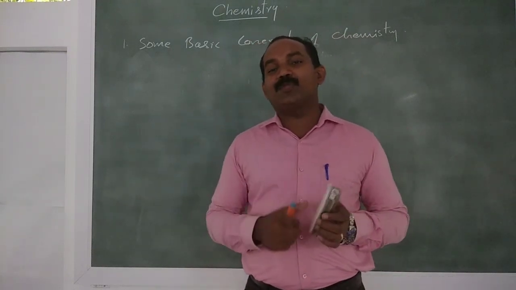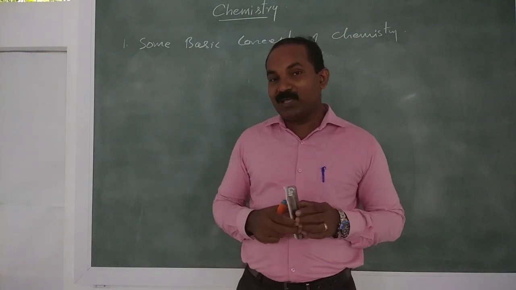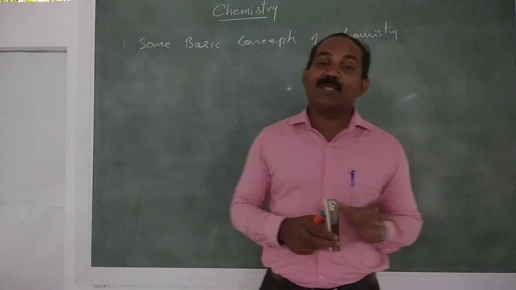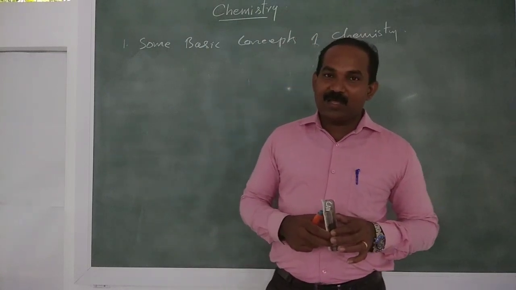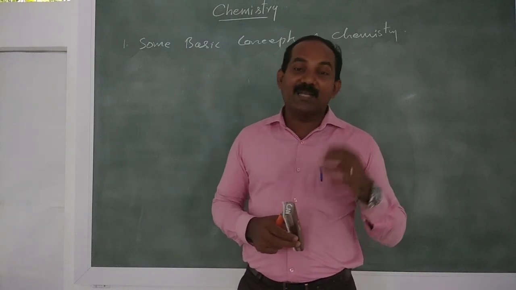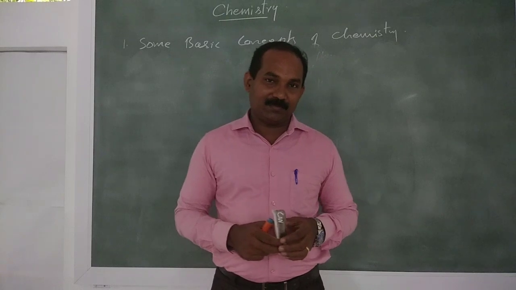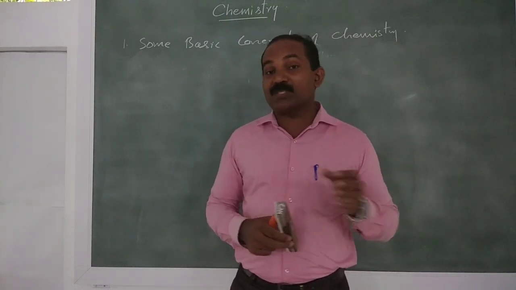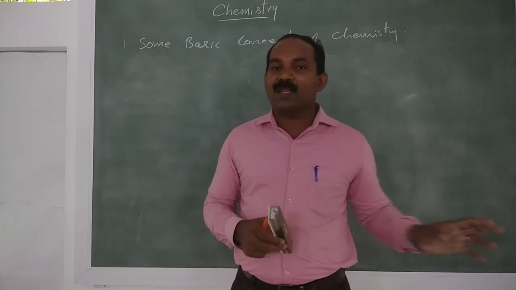Then we move to measurement. For measuring the properties, we need some units. Earlier, English system and metric systems were used. But now we are using the SI system, System of International.